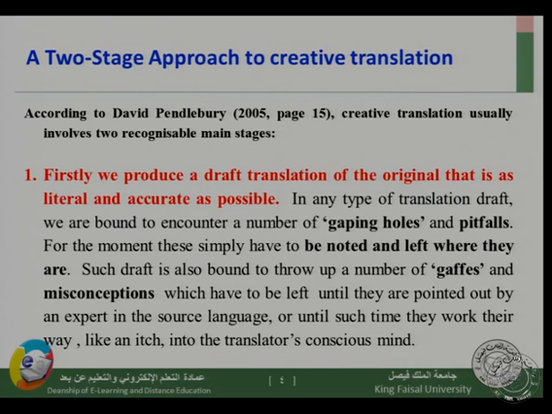You need to think of two stages. Stage number 1: you have a text in front of you, a poem, a short story, a novel, whatever. Firstly, you need to produce a draft translation of the original that is as accurate and literal as possible.